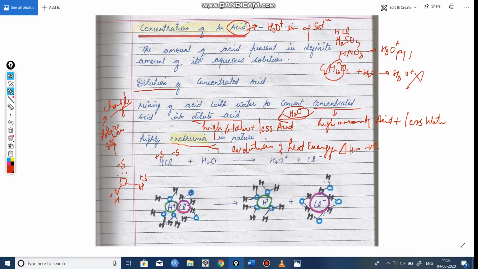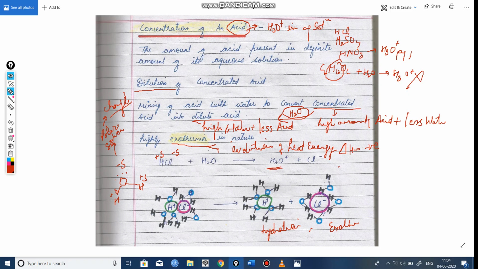This is known as hydration. Hydration is exothermic in nature. Why? Because these ions attracted towards water molecules are responsible for releasing energy, delta H. So the H ion combines with water molecule and is converted into hydronium ion.